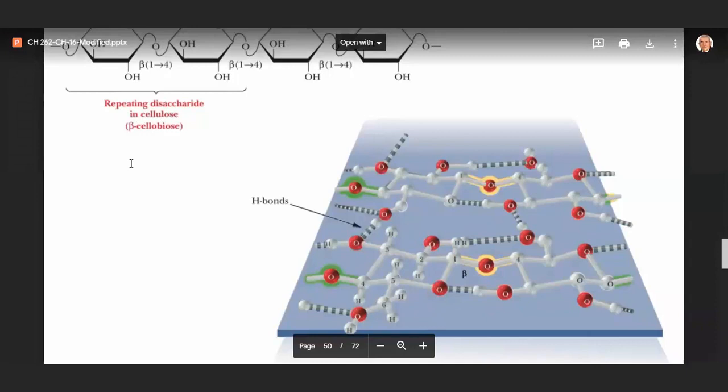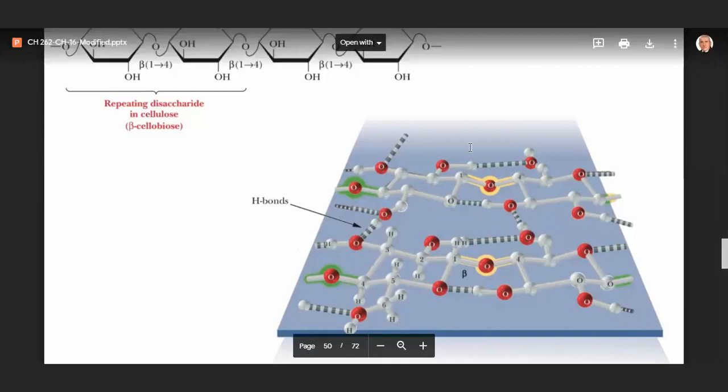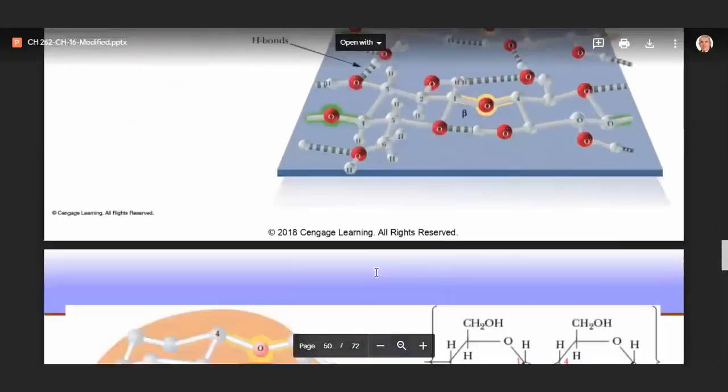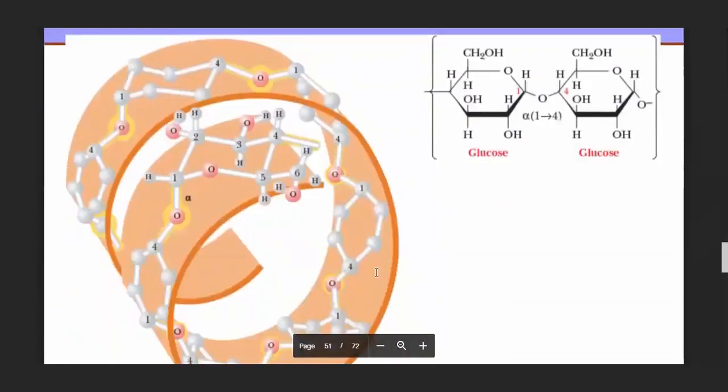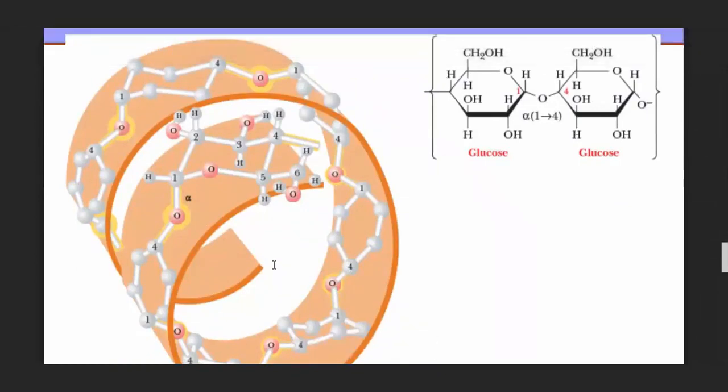The monomer of cellulose is the beta anomer of glucose, which gives rise to long chains that can hydrogen bond to each other and give mechanical strength to cellulose. And as you can see, cellulose resembles a beta sheet, whereas amylose with this helical structure resembles an alpha helix in proteins.